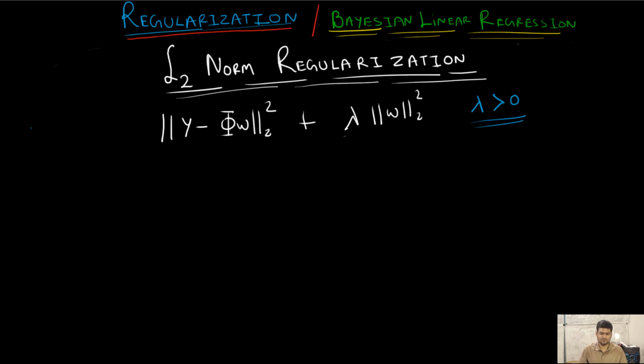So the w is given by argmin over w. So let's minimize this objective function, right? Later in the course, we will learn that this is a convex optimization problem. This entire function is convex in w, right?